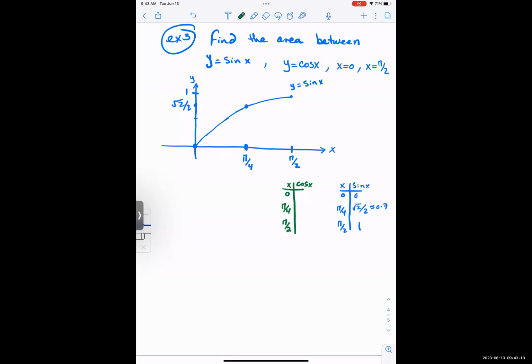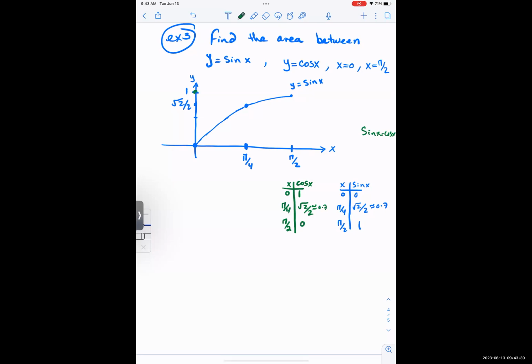For cosine, when x is 0, cosine of 0 is 1. At pi over 4, again, root 2 over 2. In this case, we also found that they are intersecting at that point. If we had not, we should have set them equal to each other, like you would say, where sine and cosine are equal to each other. Something like that. Okay, cosine of pi over 2 is 0.